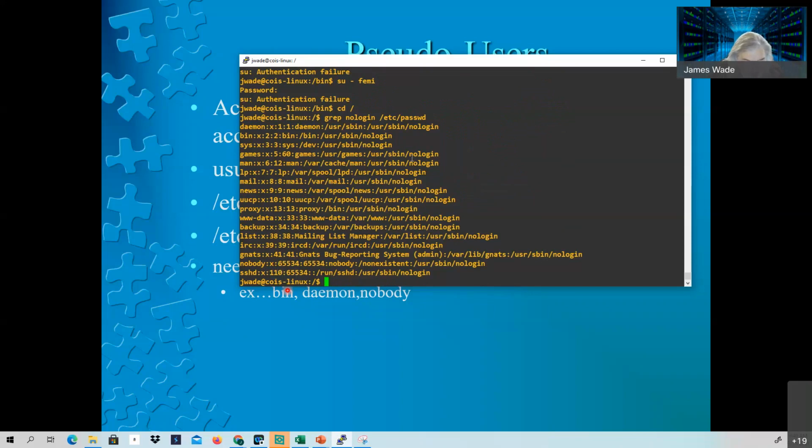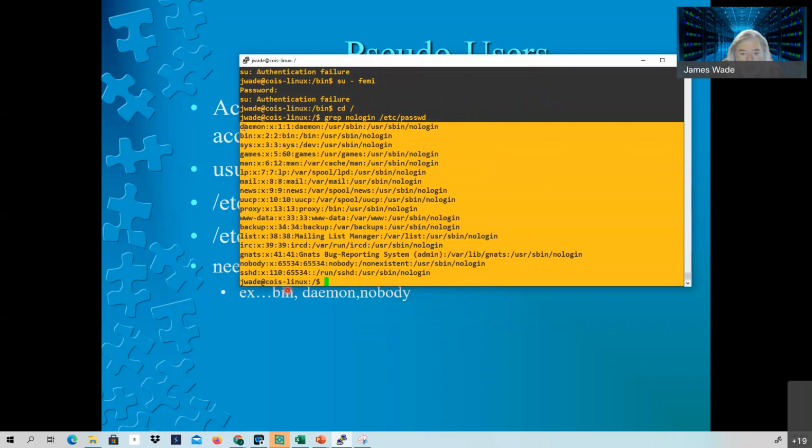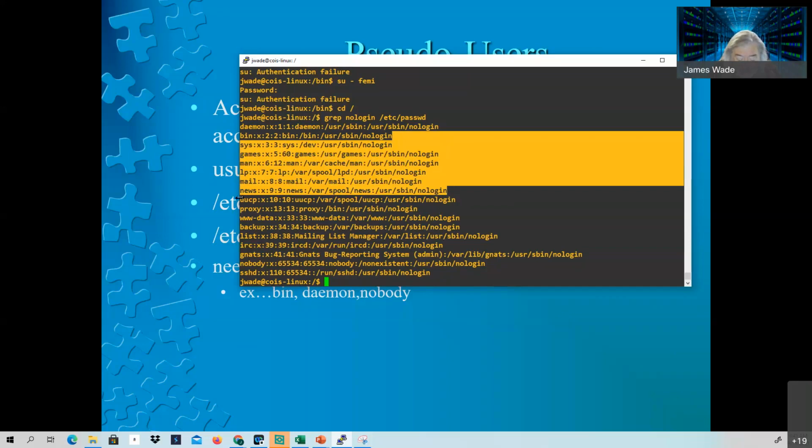But see, all of these are used by the operating system. And we don't want people to be able to log in, okay, with these processes. It's needed for the operating system to run certain processes and have those processes be owned by these accounts. But we don't want someone to be able to log in and legitimately use these accounts and get into the system. So that's why you'll see no login.